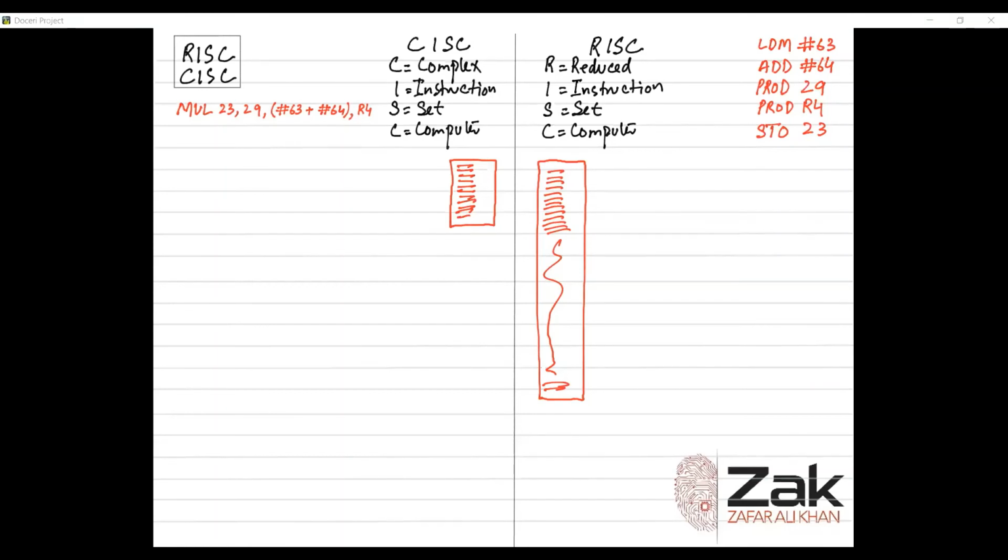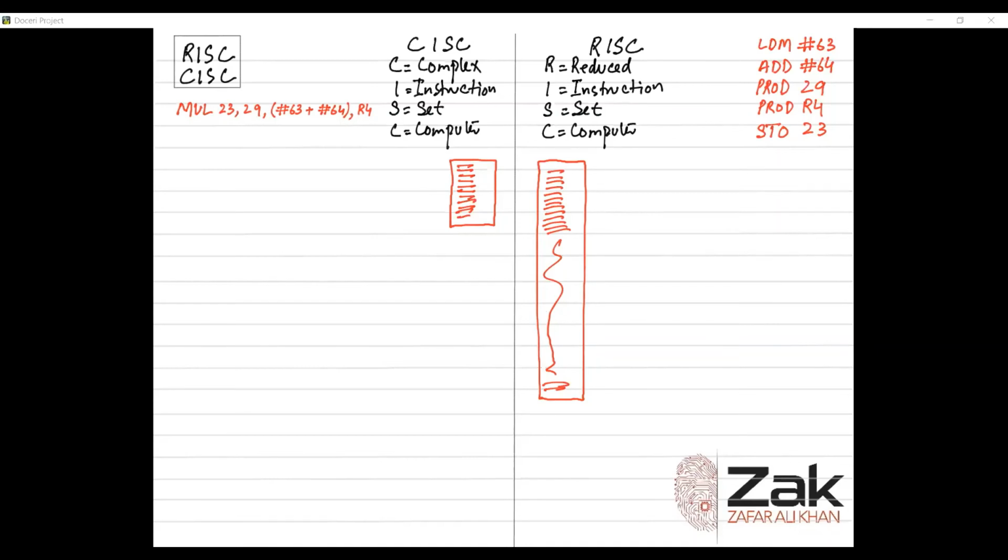So we can easily understand that the code in CISC is shorter because we have to write fewer lines, but the code in RISC is larger because we have to write more lines. Which is easier?